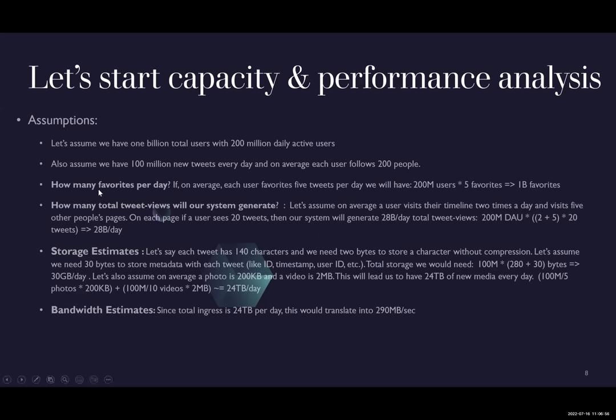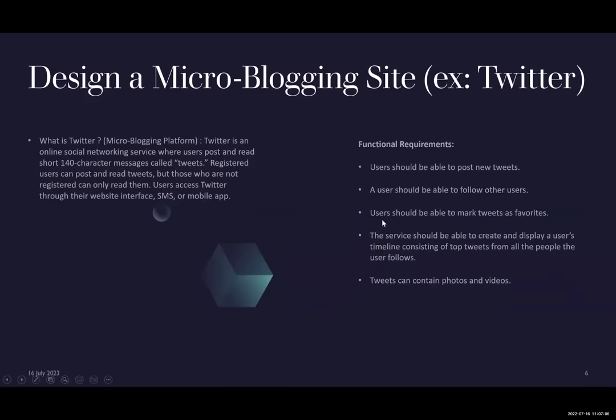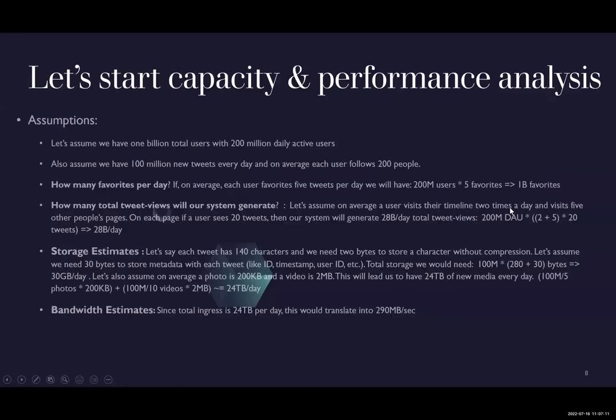Okay, and these are the questions you're asking, right? So how many favorites per day, right? We have a requirement, right? You have a business requirement saying that a user can mark a particular tweet as a favorite, right? So now your question is, hey, in a given day, how many tweets can be marked as a favorite, right? You need to have some kind of an estimate, right?